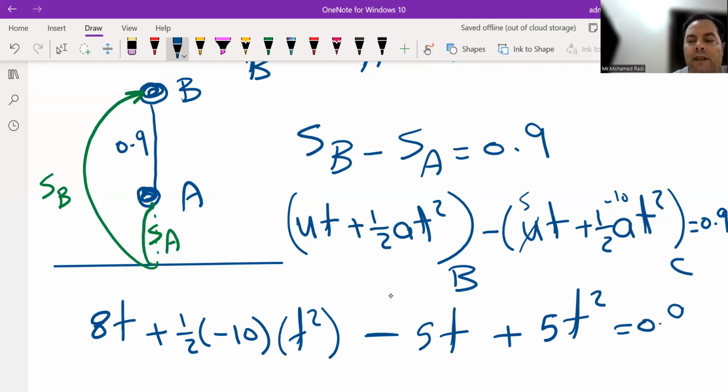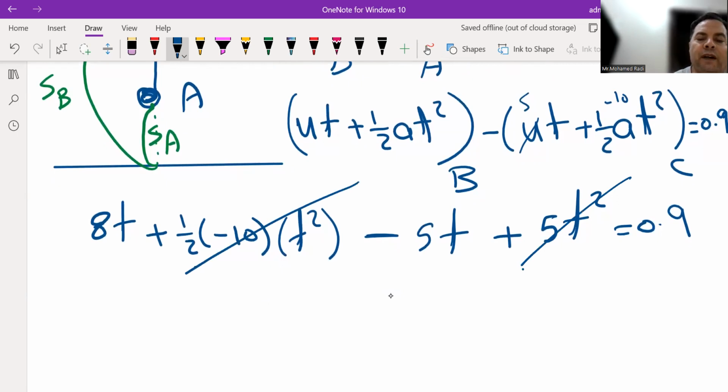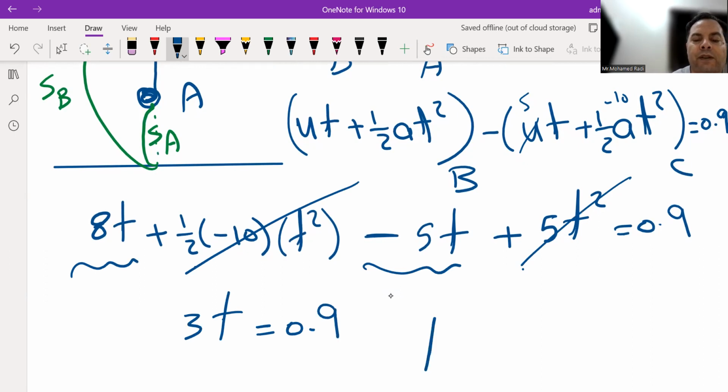So minus 5t squared plus 5t squared cancel if you simplify it, and 8t minus 5t, so 3t is equal to 0.9, so time is 0.9 divided by 3, which is 0.3.